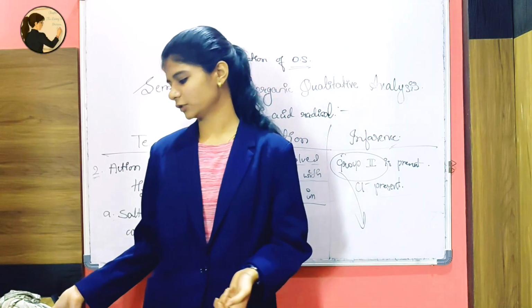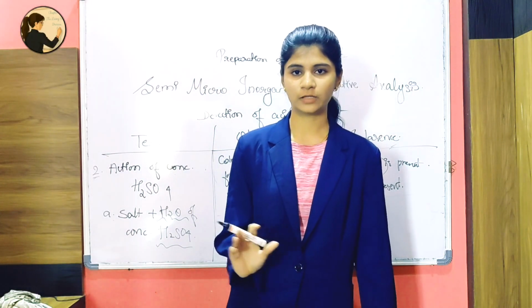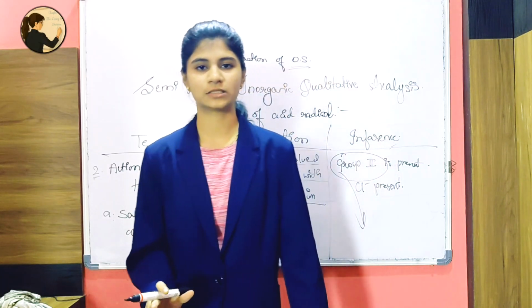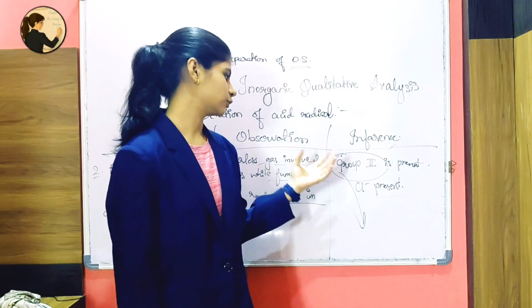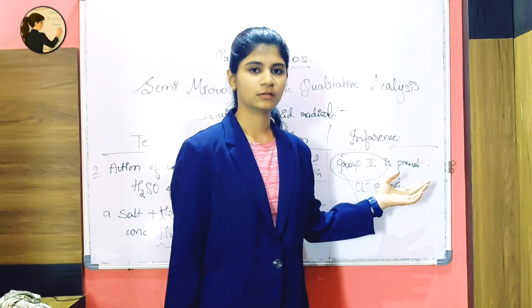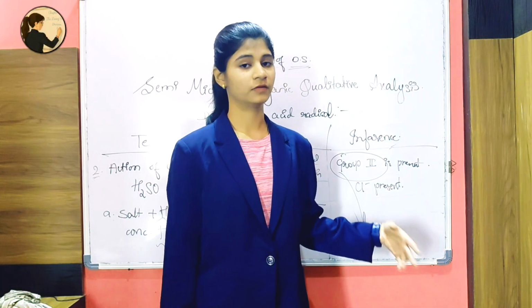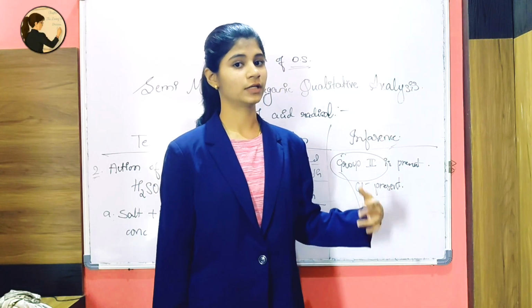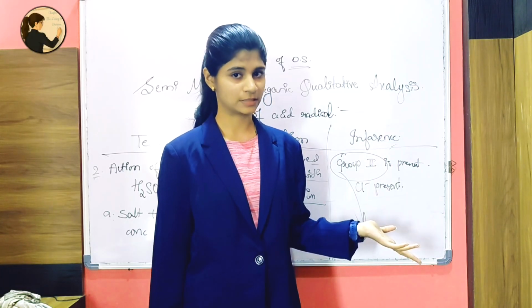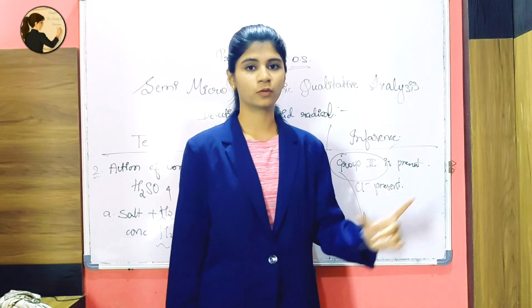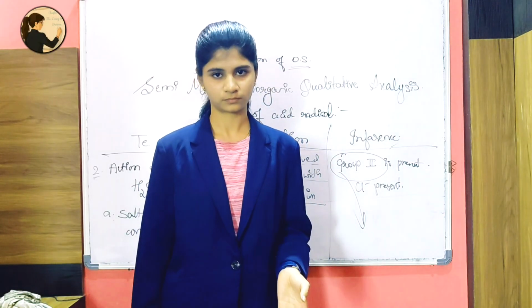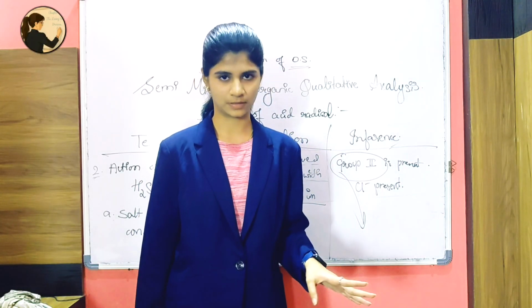So whenever you will be doing analysis of group 2, be very careful while doing the experiment of detection of acid radical especially, because you should know in which group what element is present, in which group what chemical is present, or the element you can say, what salt is present, because if this is wrong, the whole practical will be wrong. You will definitely lose the marks.